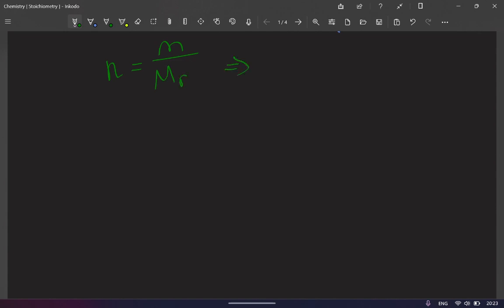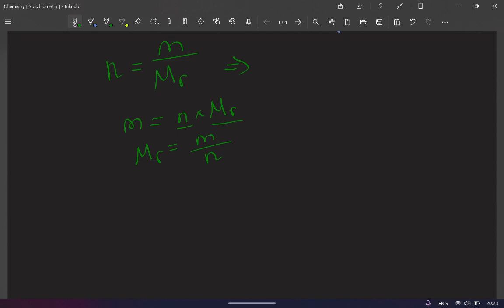Or we can rearrange this equation to find mass, which is equal to number of moles multiplied by molar mass, or to find molar mass, which is equal to mass divided by number of moles. So these are the key formulas that we are going to use in most of the questions related to this topic.